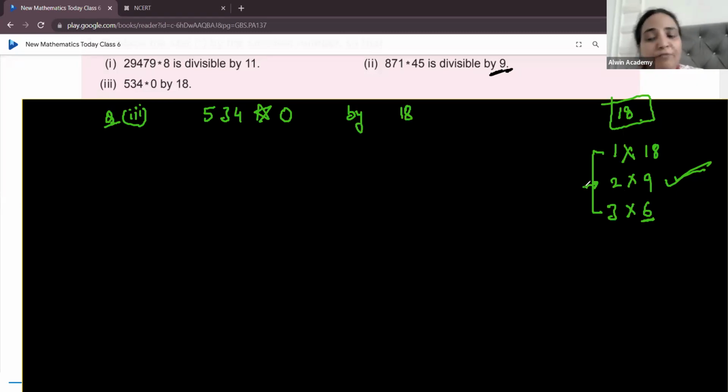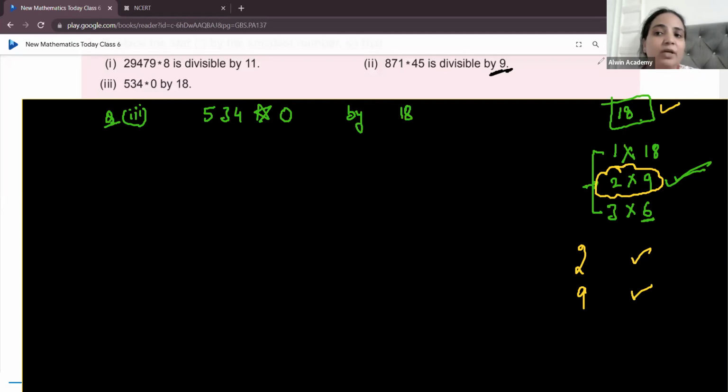So 2 and 9 are co-prime here, very good. Then you check for 2 and 9 both. If you check the divisibility of 2 and 9 and it's a tick for both, yes, it is divisible by 18 as well. Do you remember?